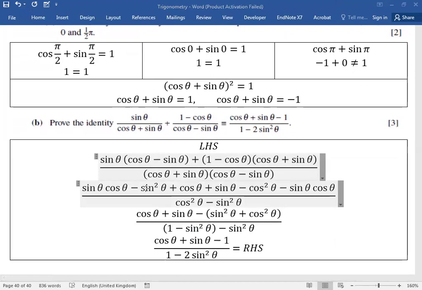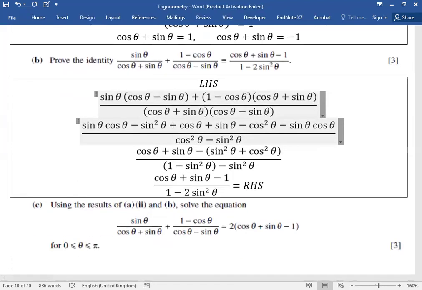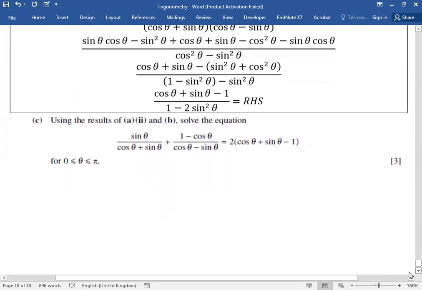इसका part C बहुत intelligently it is asking you to solve this using the results of A2 and B. Part B में जो identity आपने prove की है, solve the equation. How do we do this? कैसे solve करेंगे इसको? पहले तो identity को कैसे use करेंगे?